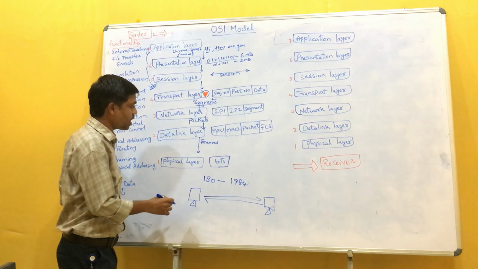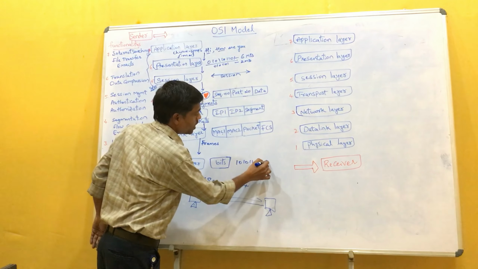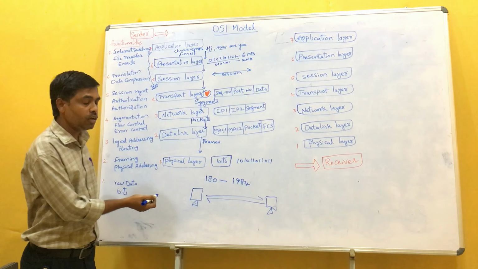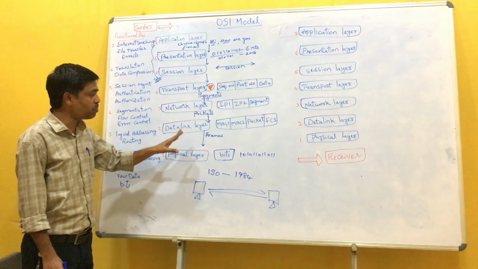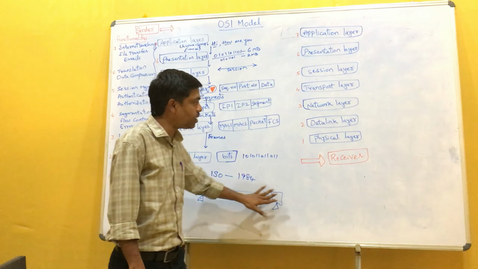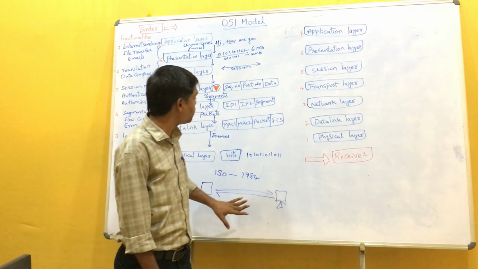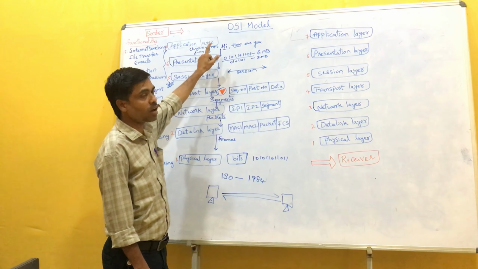The physical layer converts the data into bits, which is secured, and the data is transmitted in the form of bits and received by the receiver. Our message is that the sender wants to send a message: hi, how are you.